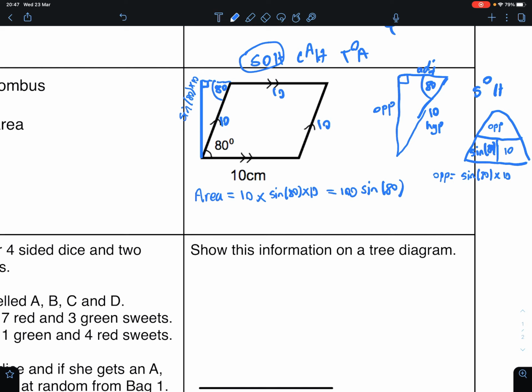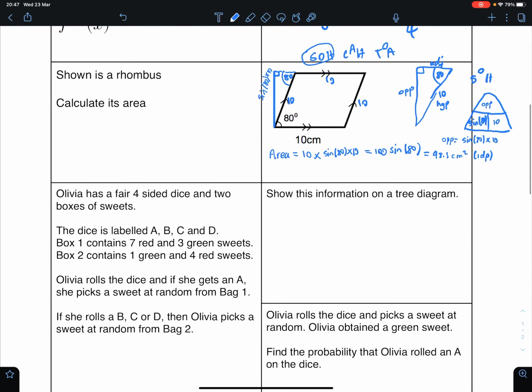So 100 times sine of 80, that is going to be 98.5 to one decimal place. So 98.5 centimeters squared, because it's an area, to one decimal place. And there we have it.